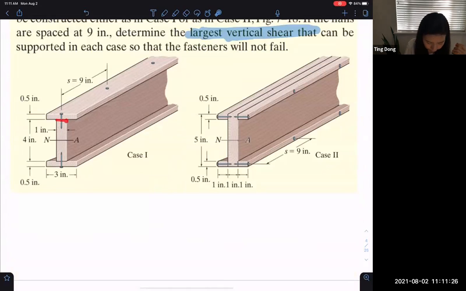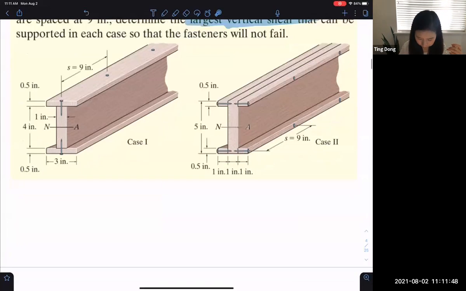Horizontal shear force generated on this surface is carried by the nail, and this is the area for calculating Q. And if you put the nail in this way, now this is a cutting surface, right? And this is the area we use to calculate Q. Of course, we can use the rest part, but it should be the same.